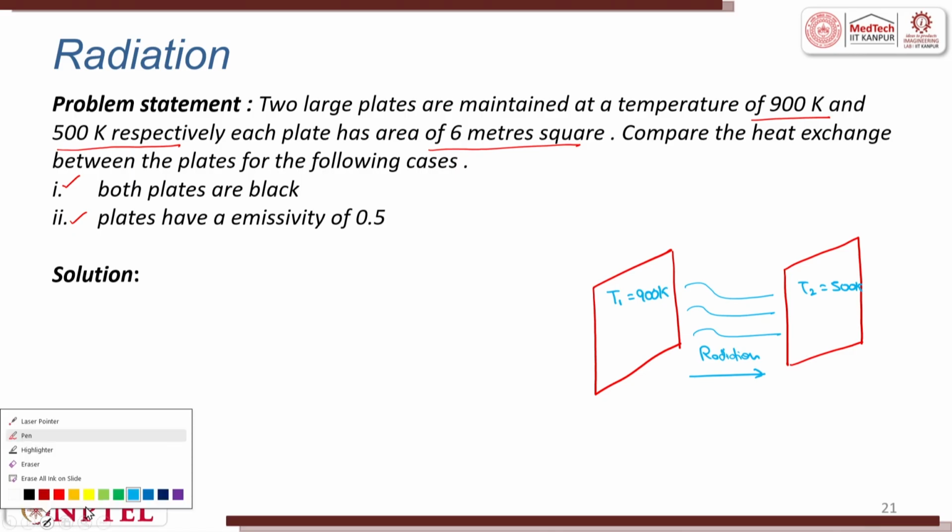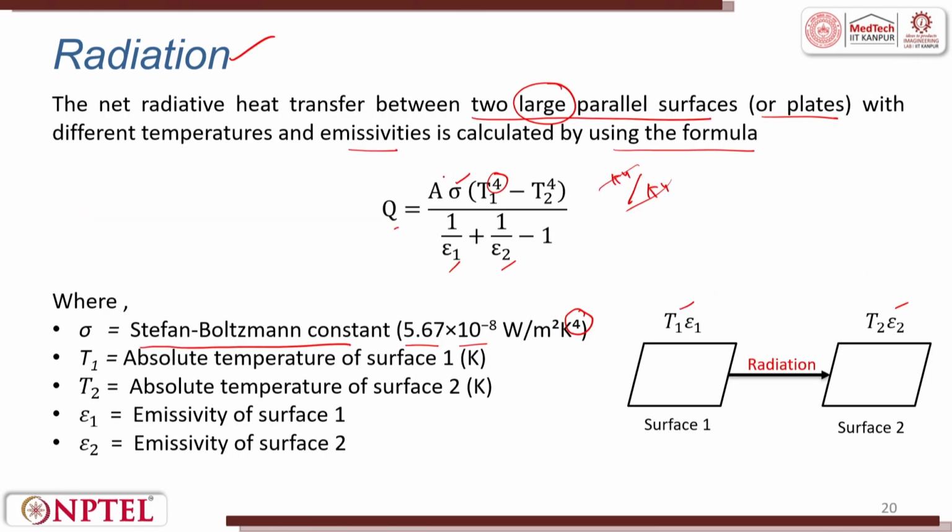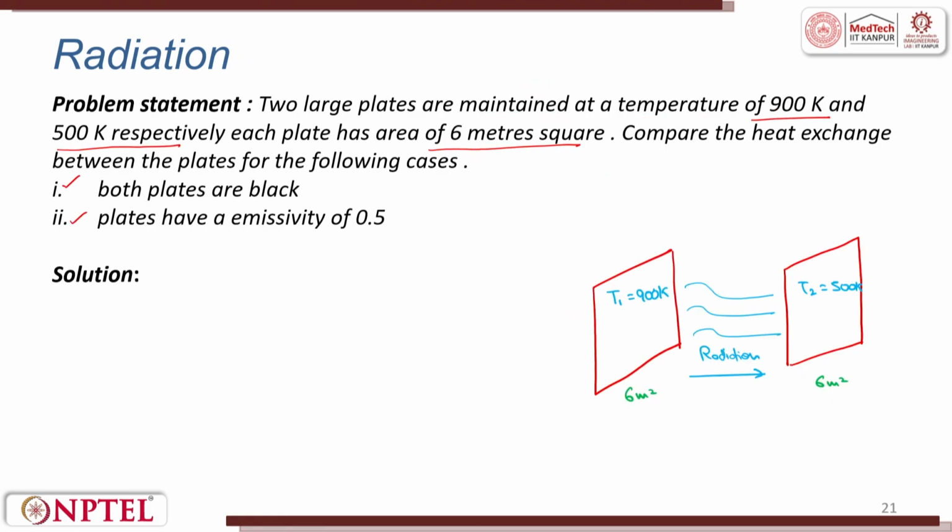It says the area is 6 meters square each. In this relation, A is the area, and from the problem it is given as 6 meters square. Now, what we have is T1 as 900 Kelvin, T2 as 500 Kelvin, and area as 6 meters square.